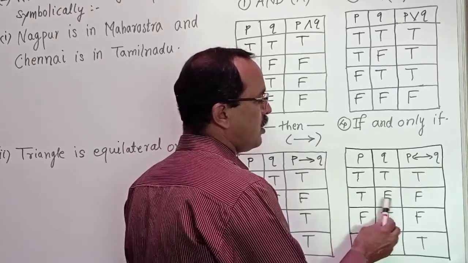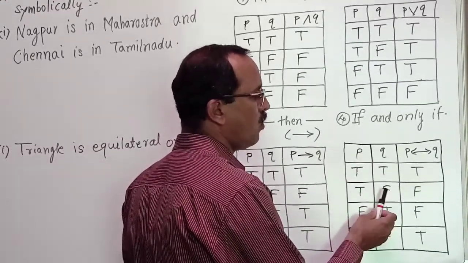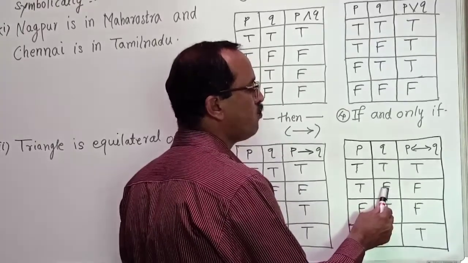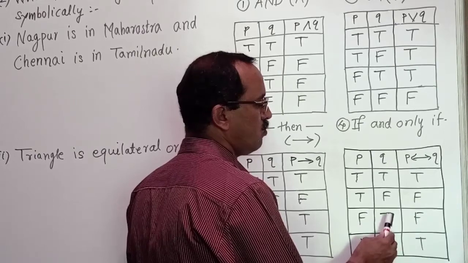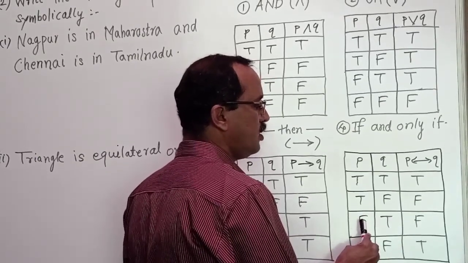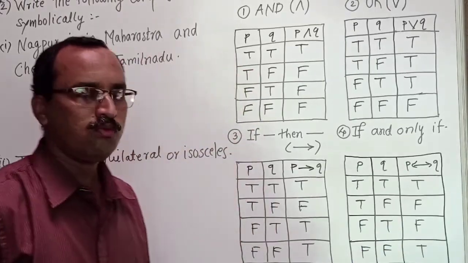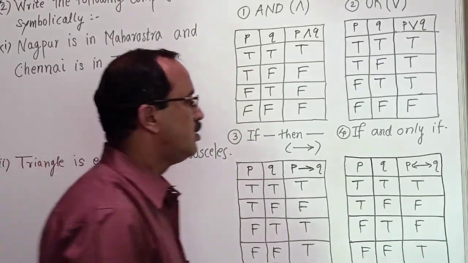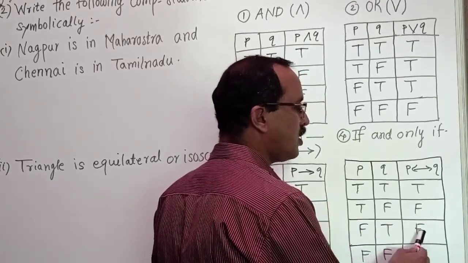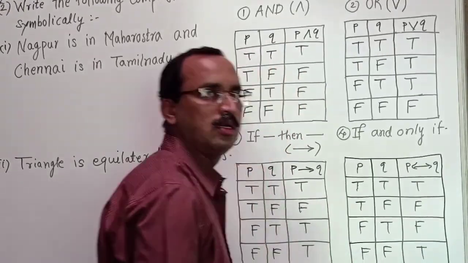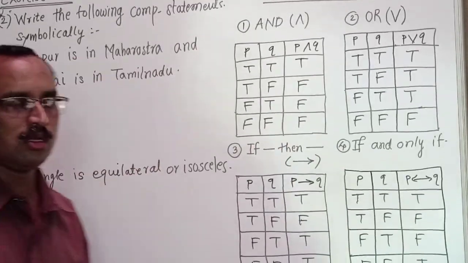But if one of P or Q is true and the other false, we get false. So TT gives T, TF gives F, FT gives F, FF gives T. These are the truth tables of the logical connectives.